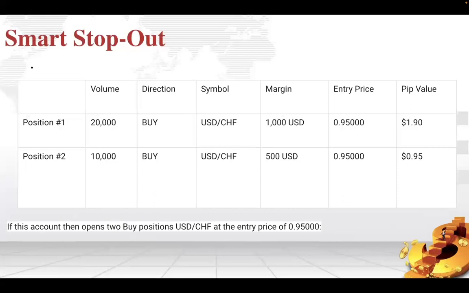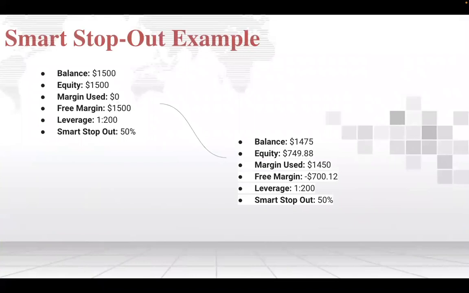Even though the balance of the trading account has been reduced by the $25, the amount of margin that was made available is $50. So because of this process, the margin level of the account is now 51.72%.